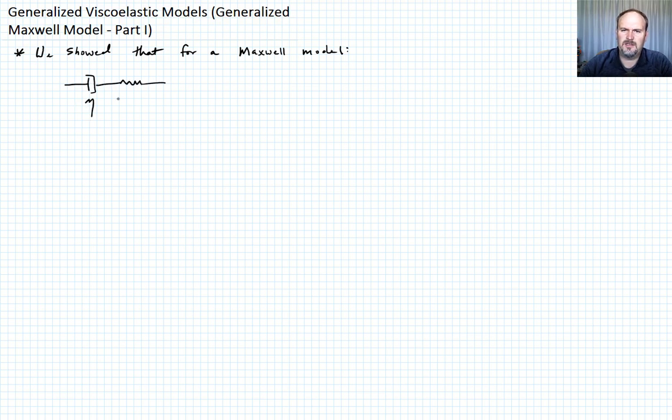We called this eta, characterizing the dashpot, and E, the modulus, characterizing the spring. We also said previously that the quantity eta over E was equal to tau, which we termed a characteristic time. Okay?